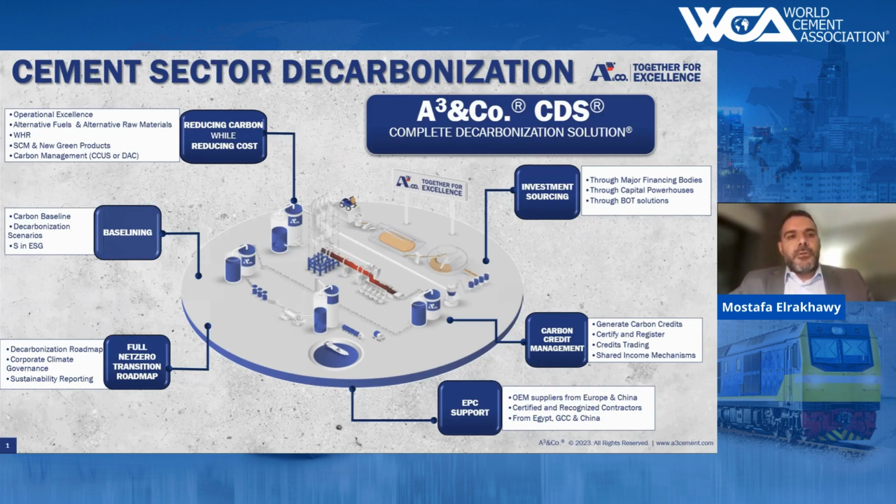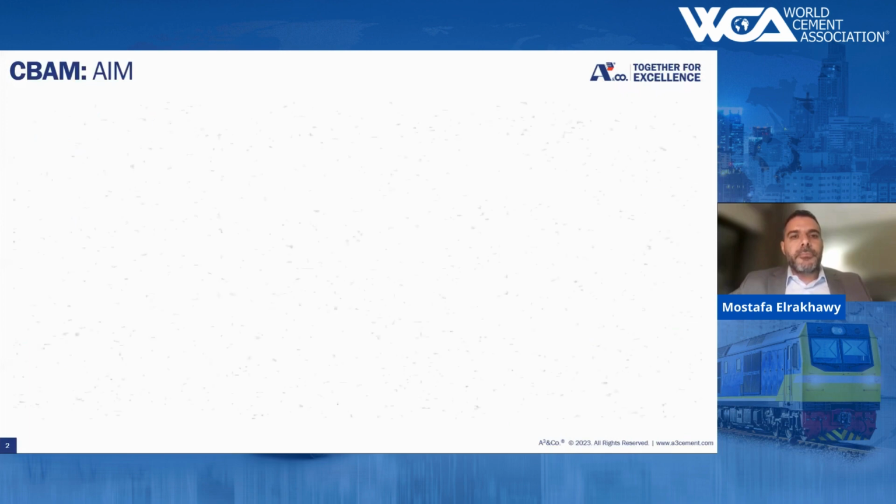And we are trying to support the cement plants with the suitable OEMs, EPC contractors, as well as carbon management institutions, which will help the cement plant also. We are looking at this decarbonization approach not only as a risk, since it is a risk, but also as an opportunity for the cement plants to reduce their costs as well.